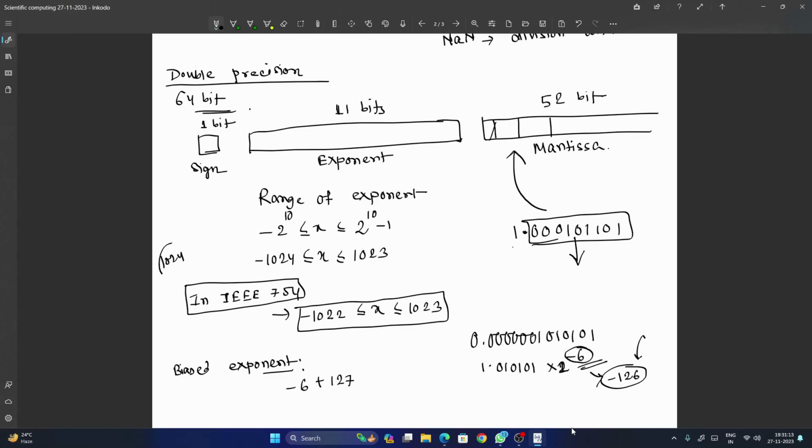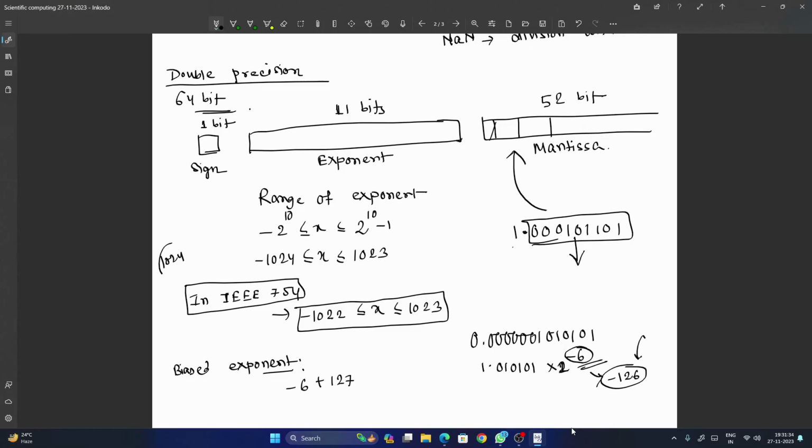So if you take the sum with 127, it will be positive, and then convert it and save it. And again when you extract the values from binary to decimal, after calculating the exponent portion, the machine will subtract 127.